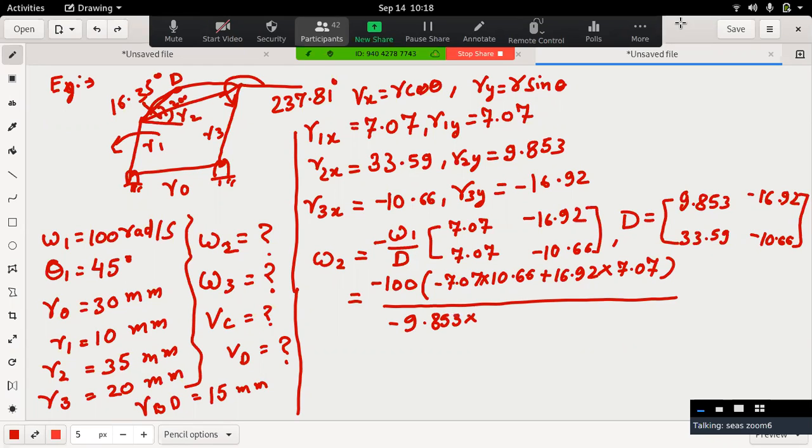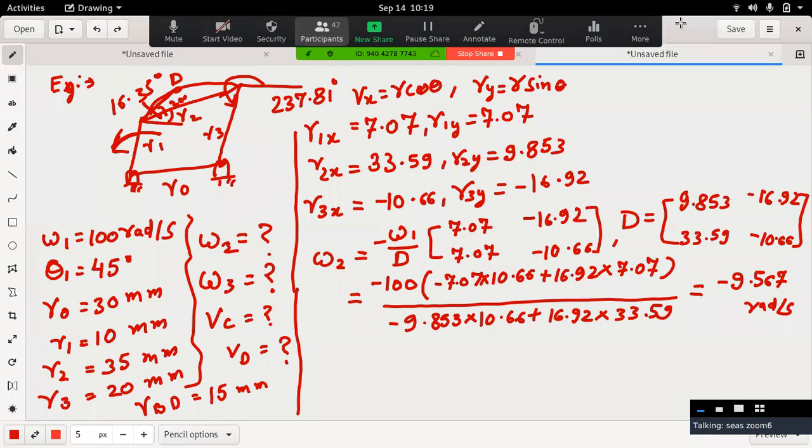So d becomes 9.853 cross 10.66 plus 16.92 cross 33.59. When we do further calculation, we get minus 9.567 radian per second. Earlier we considered counterclockwise as positive. We have taken 100 radian per second, and link 1 was moving counterclockwise, which we considered positive. So here the value is coming as negative.